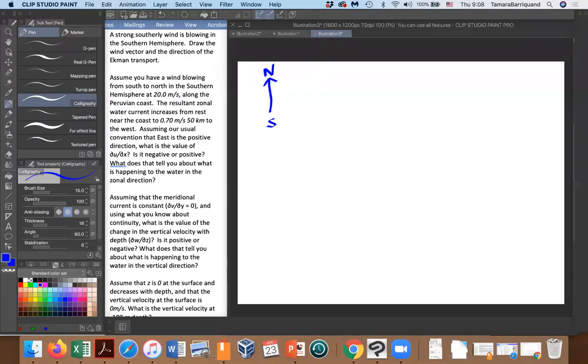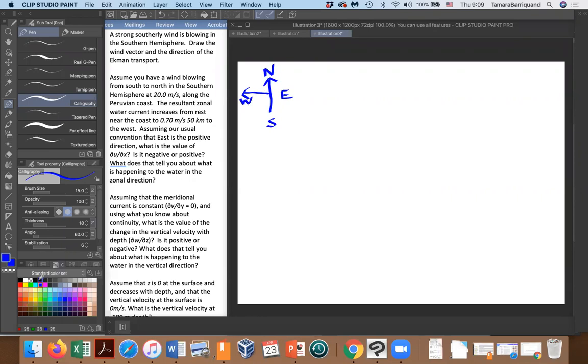So that 90-degree Ekman transport will be to the left. So if I draw an arrow to the left here, that means that my Ekman transport in the southern hemisphere, if I have a southerly wind going from south to north, is going to go from east to west.